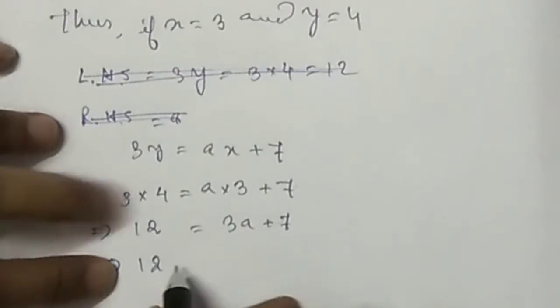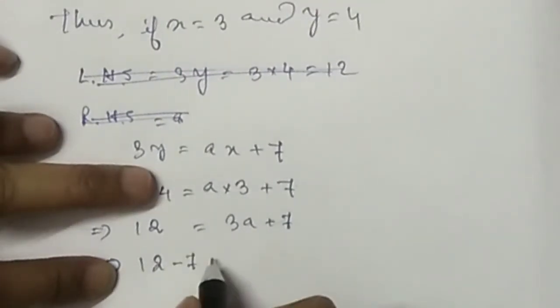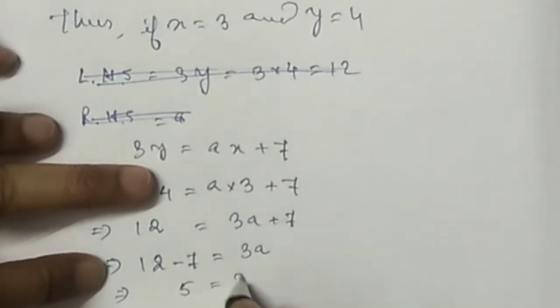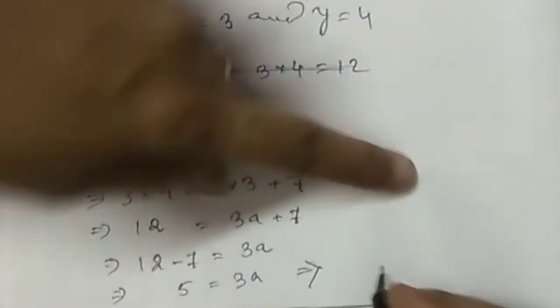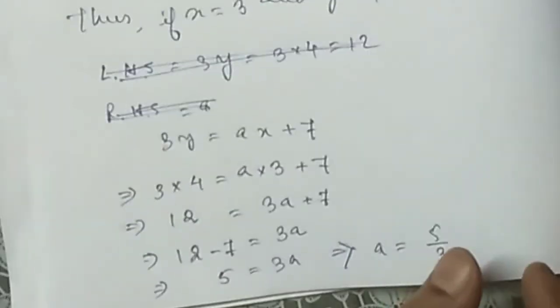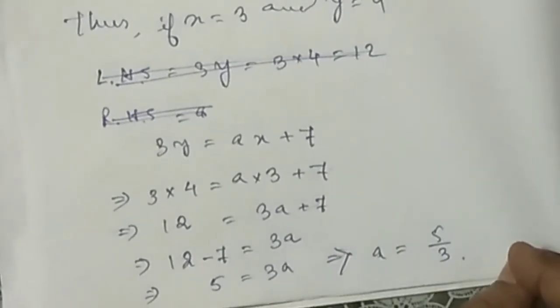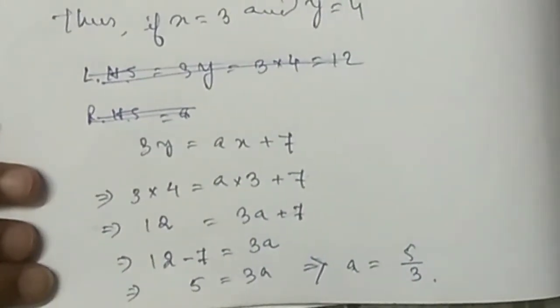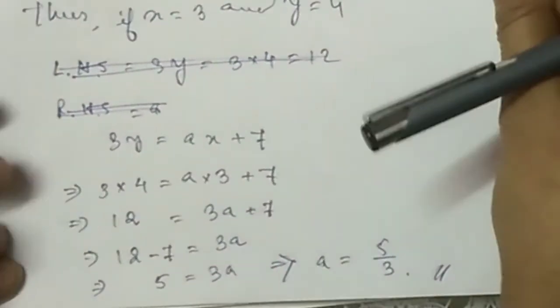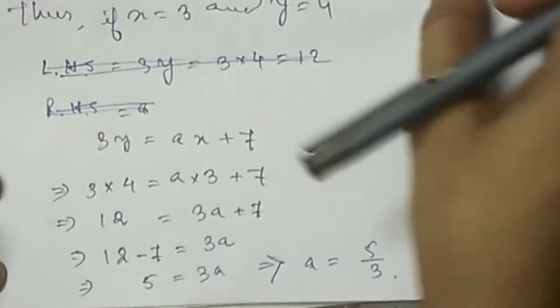So 12, 7 is shifted here, it's 3a equals 5, a is equal to 5 by 3. So the a value comes as 5 by 3.